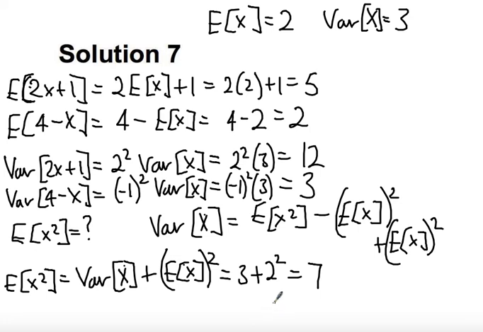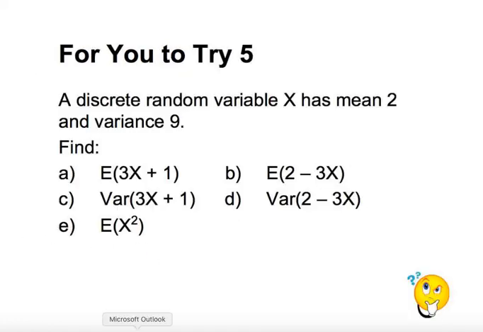Okay, well, I hope you was able to follow all my examples there and that you understood what I was doing, because now it's time for you to attempt the last question of the lesson. A discrete random variable x has mean 2 and variance 9.